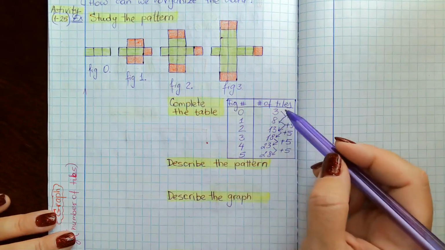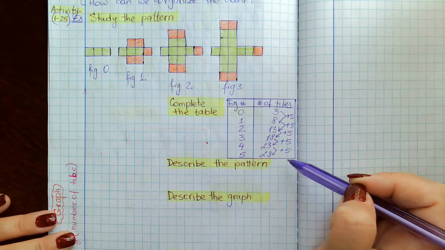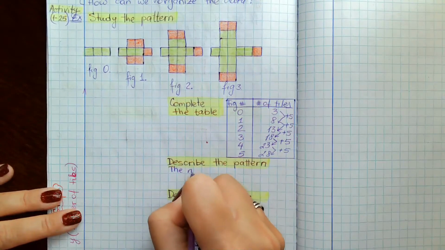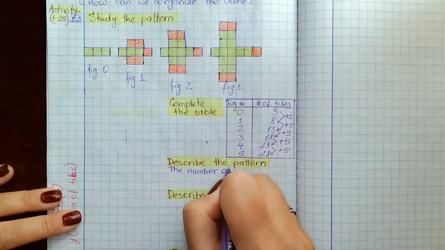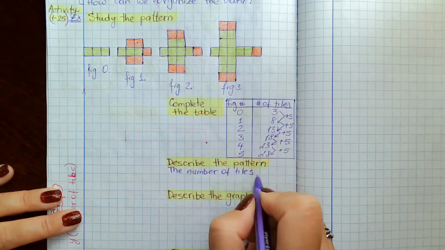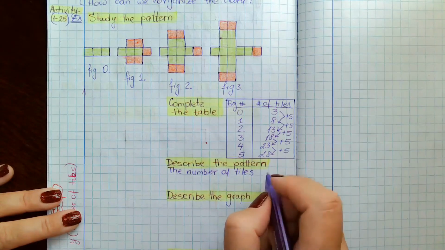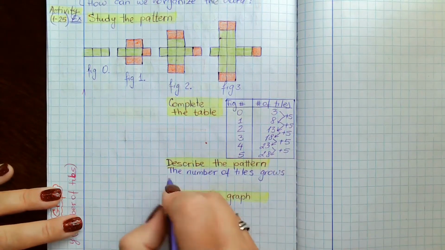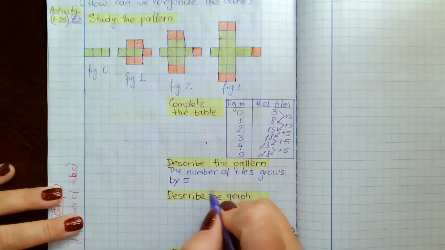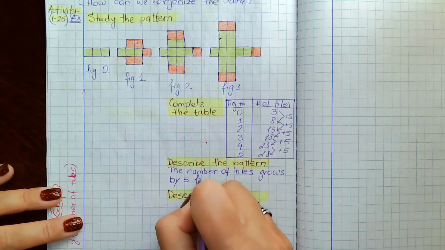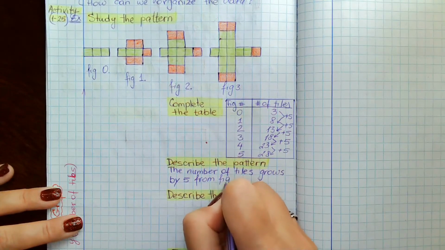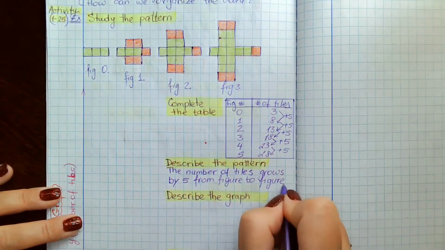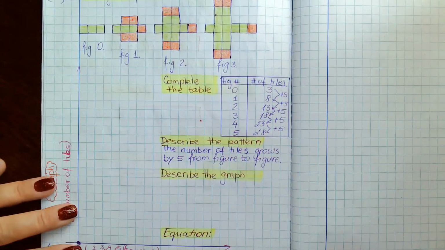So I'm going to say, instead of just showing that I have plus, plus, plus, plus 5, I'm actually using a sentence: the number of tiles grows or increases by 5 from figure to figure. So that is my observation of how the pattern grows.